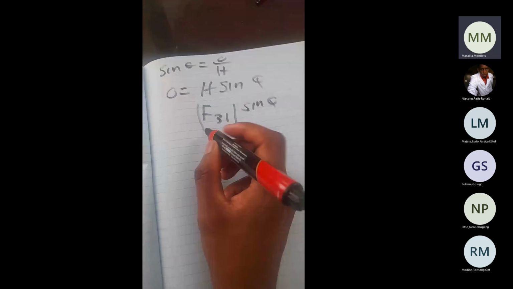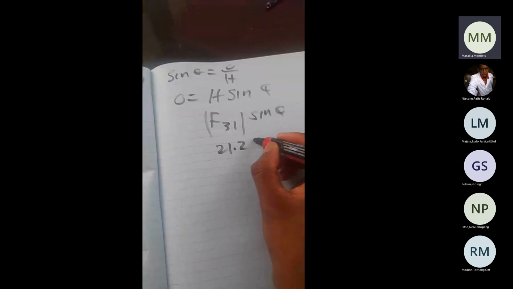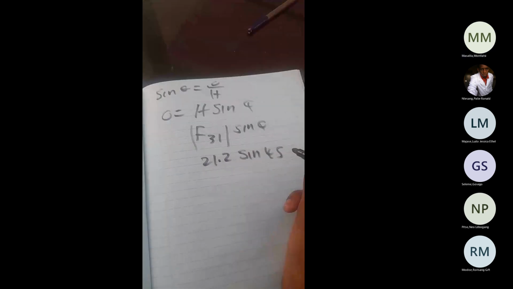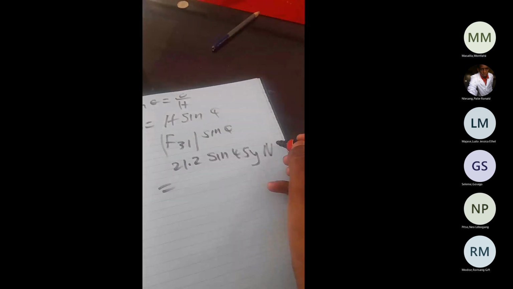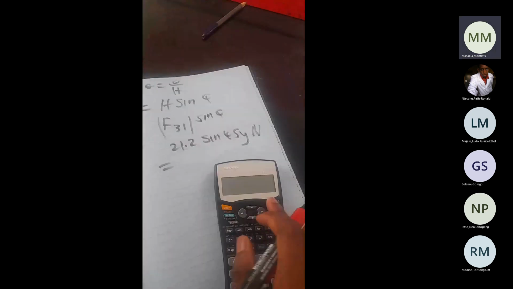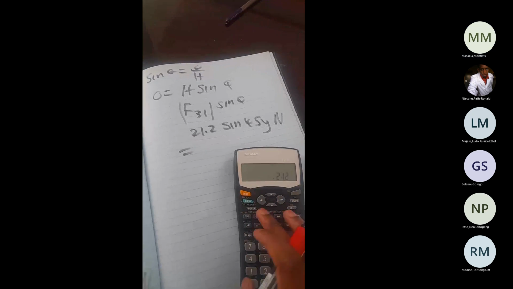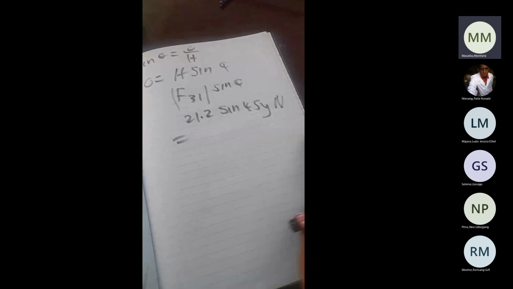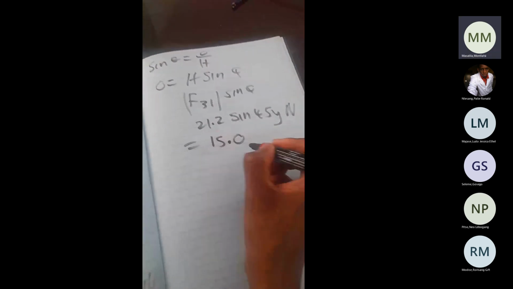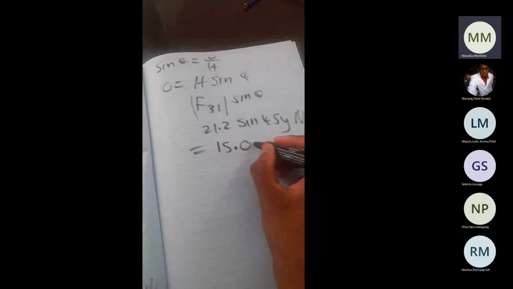So F31 is 21.2 sine 45 y Newton, which is also 15.0 y Newton.